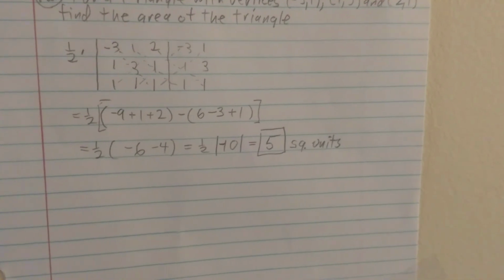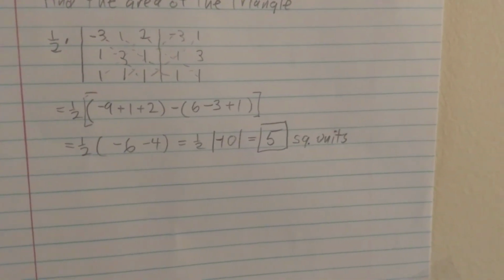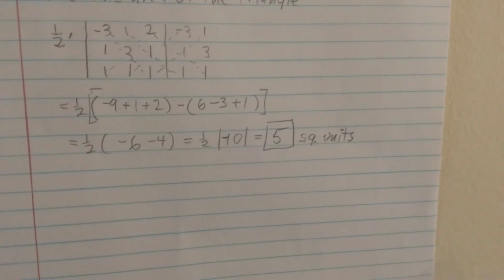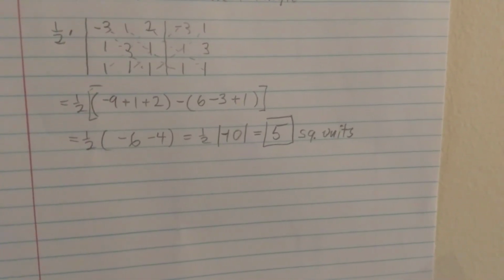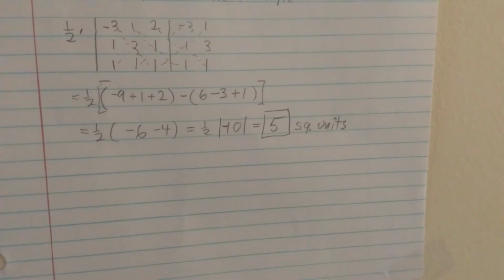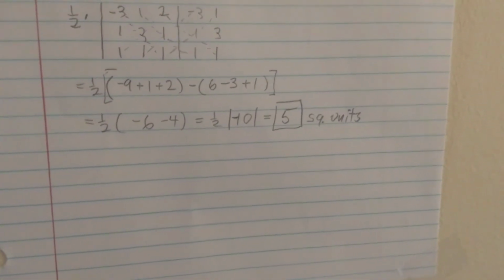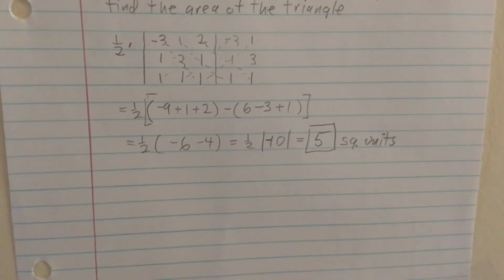So we combine the terms to get a determinant of negative 10, and we're really taking 1/2 times the absolute value of negative 10, so it comes out positive, and so the answer is 5 square units.